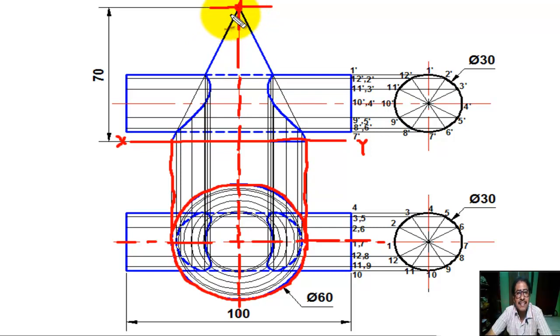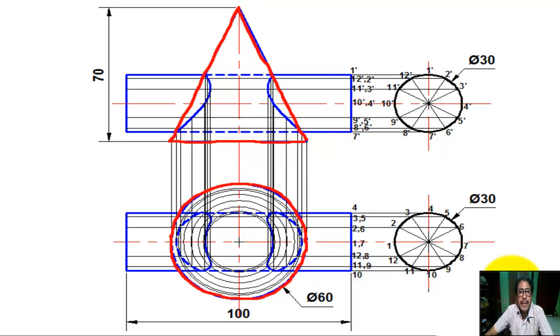This is the vertex of the cone. Now join this point and this vertex. This is the front view and this is the top view of the vertical cone resting on HP.